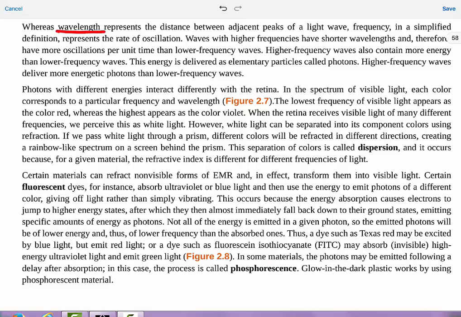Wavelength represents the distance between adjacent peaks of a light wave. Remember, frequency in a simplified definition represents the rate of oscillation. So we're just going over that again. Waves with higher frequencies have shorter wavelengths and therefore have more oscillations per unit time than lower frequency waves.